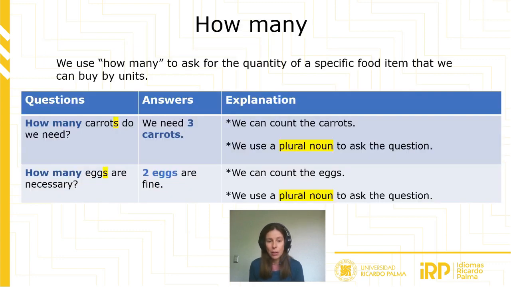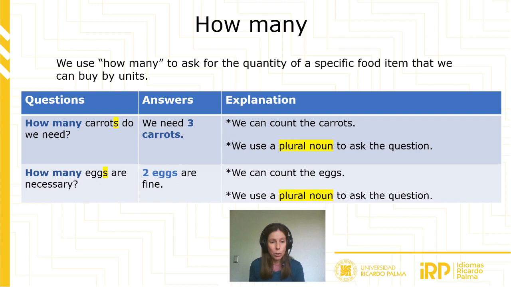Okay, so here we can see how the expression how many is used in the dialogue between Jane and her mom. How many is used to ask for the quantity of a specific food item that we can buy by units, such as carrots, cakes, eggs.